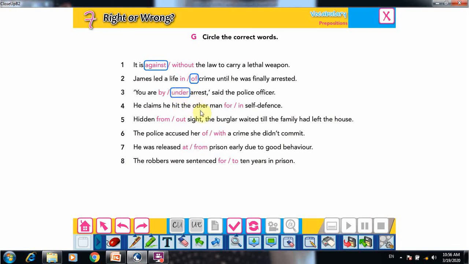He claims he hit the other man in self-defense. The burglar waited till the family had left the house, hidden from sight. The police accused her of a crime she didn't commit. He was released from prison early due to good behavior. The robbers were sentenced to 10 years in prison.